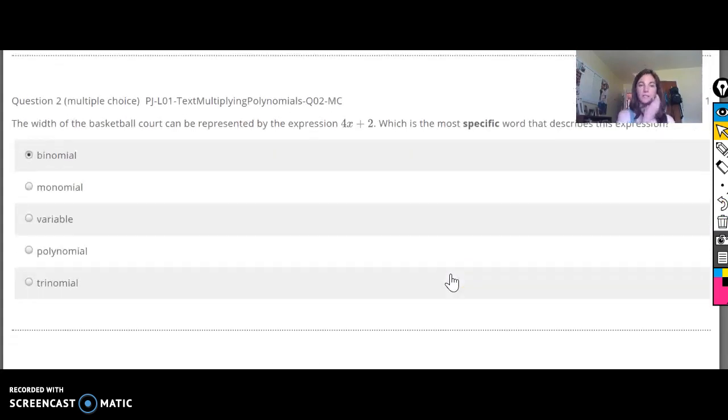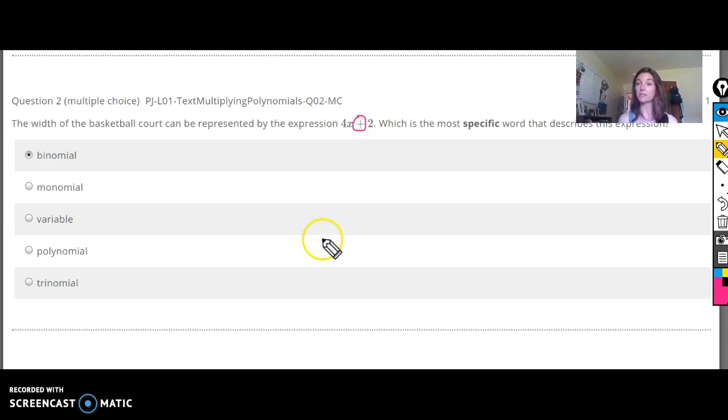The width of the basketball court can be represented by the expression 4x plus 2. Which is the most specific word that describes this expression? Well, if you'll remember, I said that two terms is a binomial. And how do I know this is two terms? Well, terms are separated by addition and subtraction. They're not separated by multiplication or division.